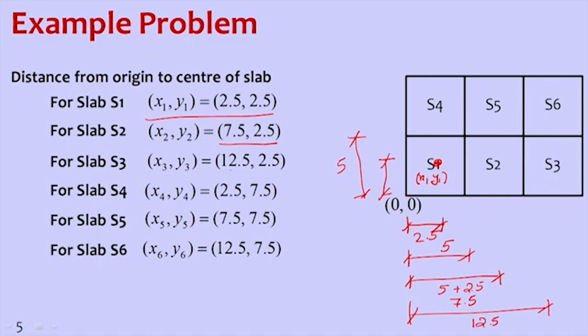So this is the slab 3, and similarly we calculate for slab 4, where we have different y value which is increasing from 5 to 7.5. This is again 2.5, so all put together will be giving around 7.5. So 2.5 and 7.5, and this location will be 7.5 and 7.5. This one will be at 12.5 and 7.5.